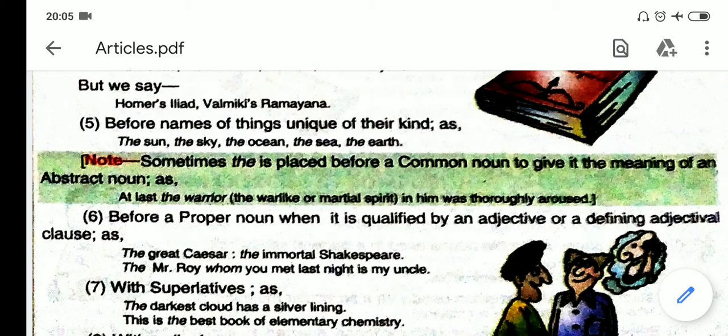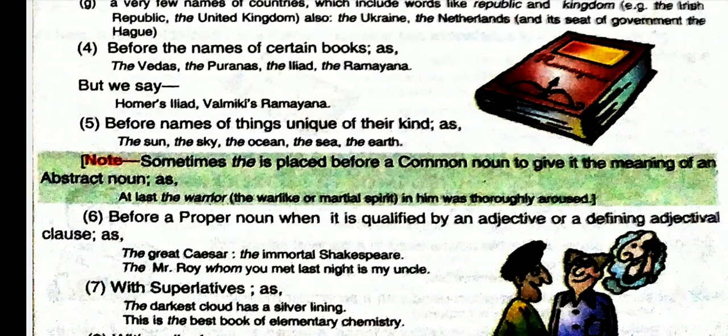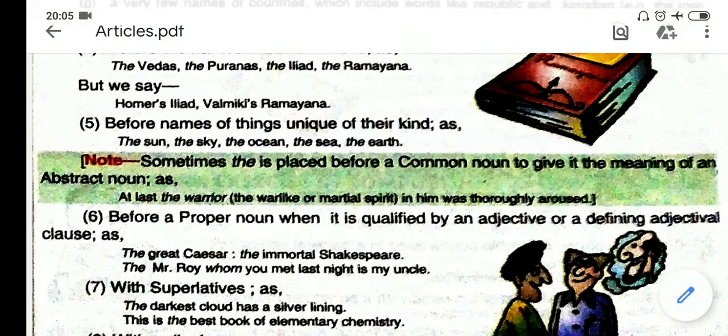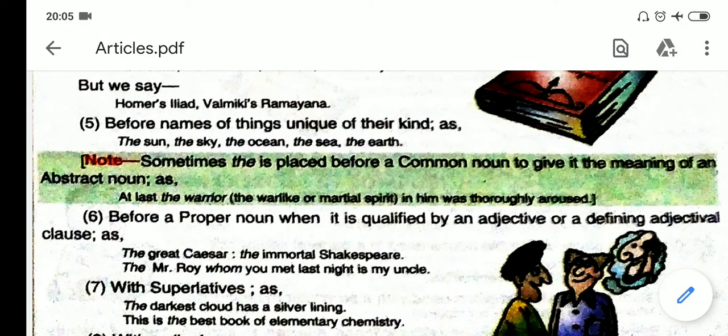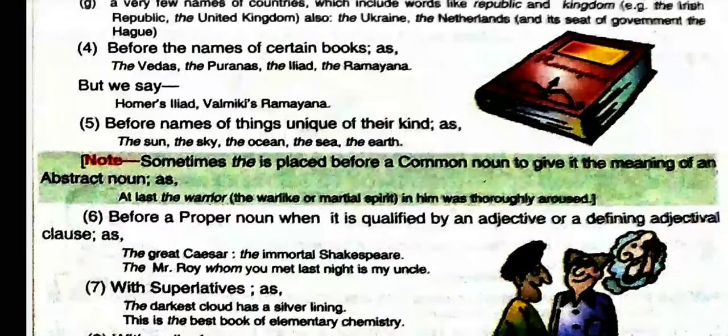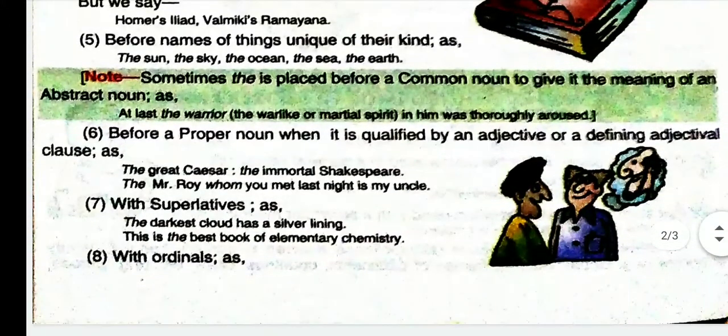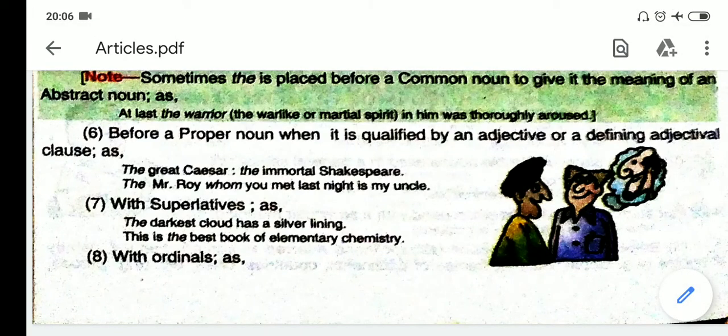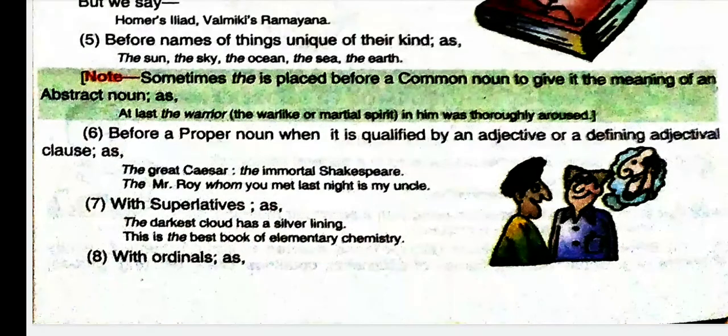Since we have used the article the before the concrete noun warrior, it has given that concrete noun the meaning of an abstract noun, which is the warlike or martial spirit in that man. So this is another very important use of the definite article the. Number 6, before a proper noun, when it is qualified by an adjective or defining adjectival clause.